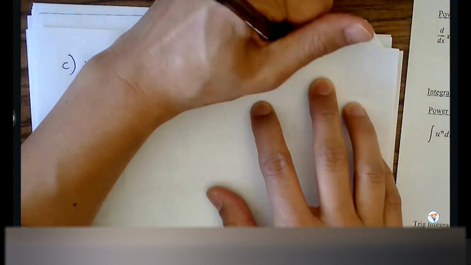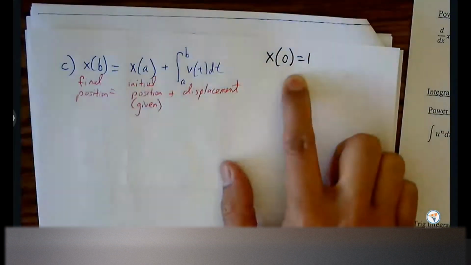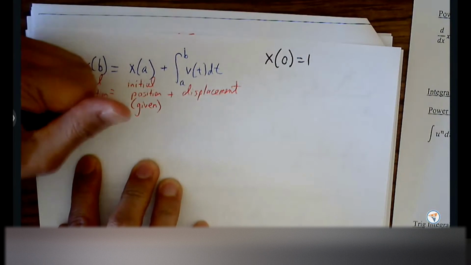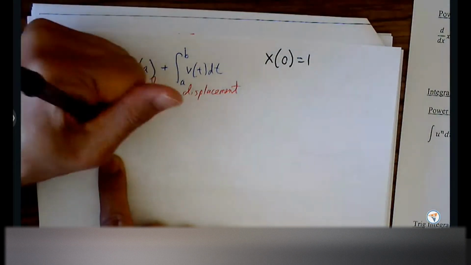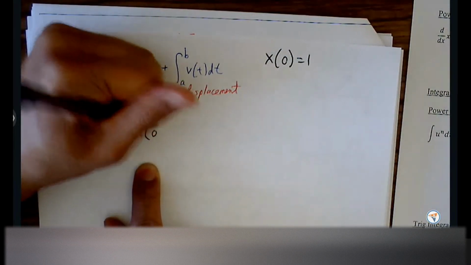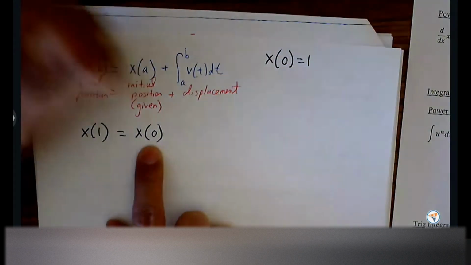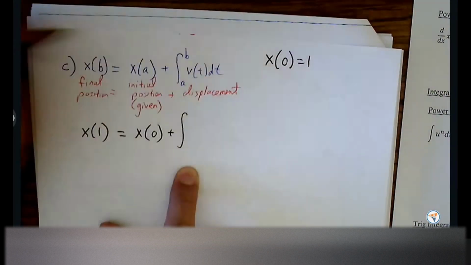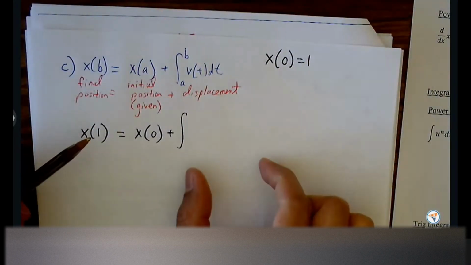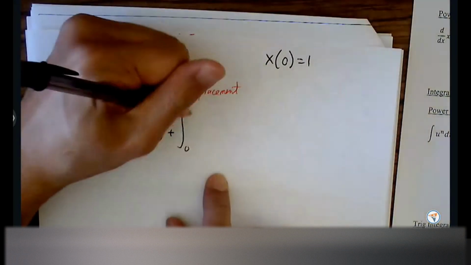So again, let's say we start off at x of 0 equals 1. That's the given. So if I want to find x of 1, I'm going to say my starting position, starting location, plus the displacement between 0 and 1.